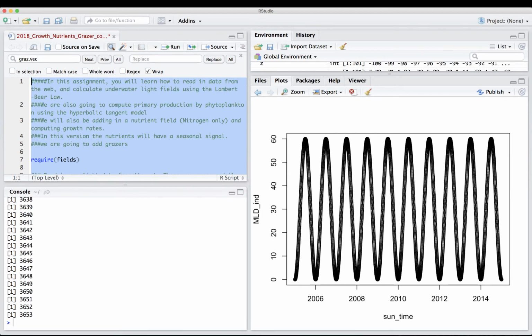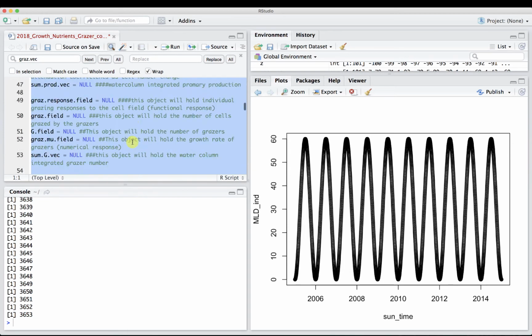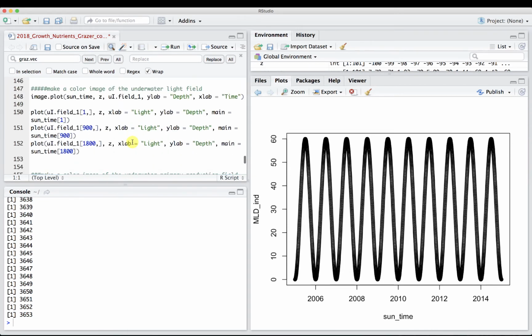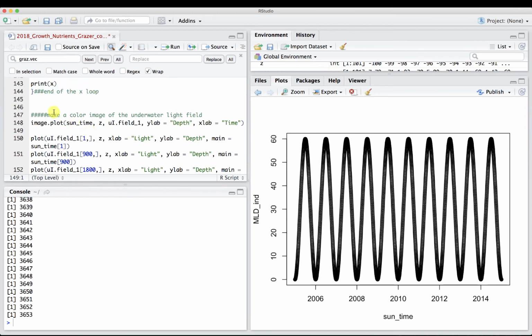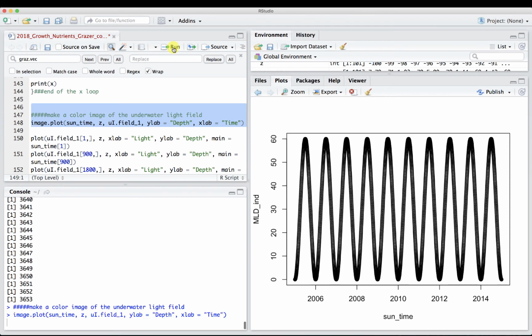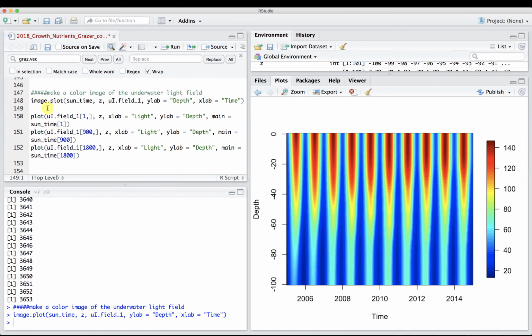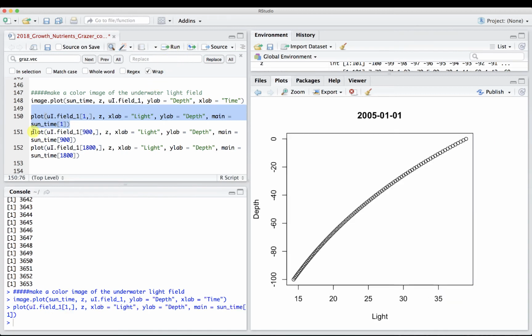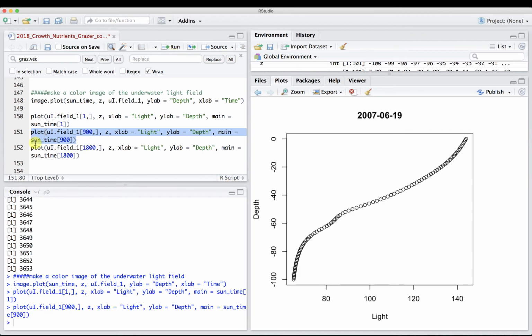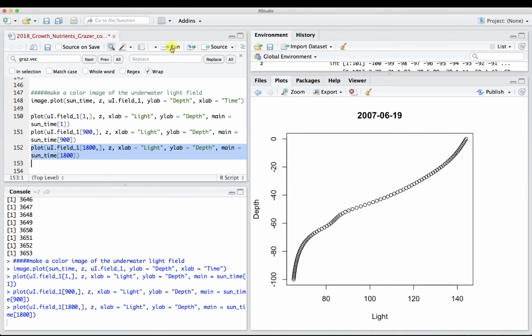Okay, so now that that's done, let's go back to some of our old plots here. Let's image the light field. Okay, quite a bit different than what we've seen before. And now we can take a look at the light diffuse attenuation coefficient at the beginning, at the middle, and at the end of the simulation.